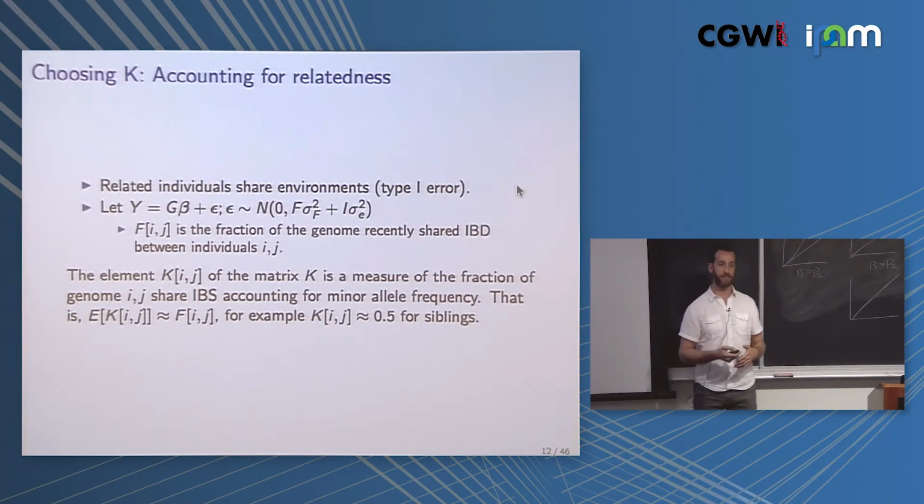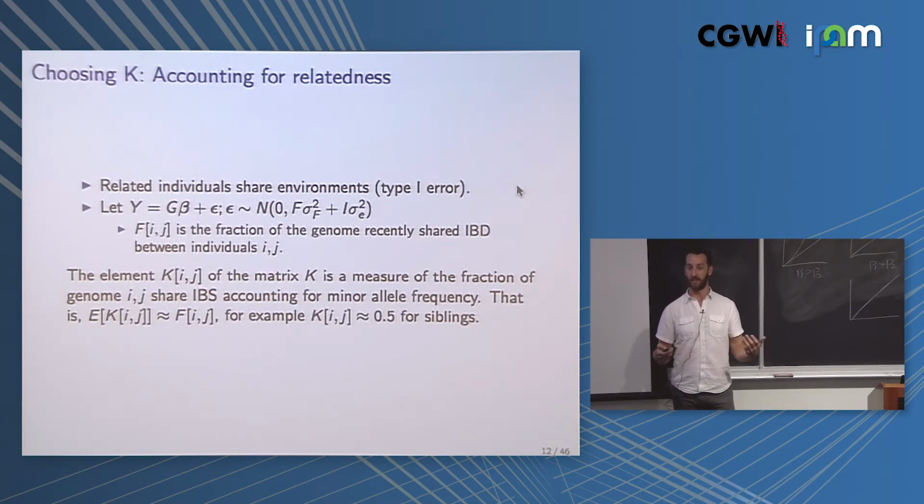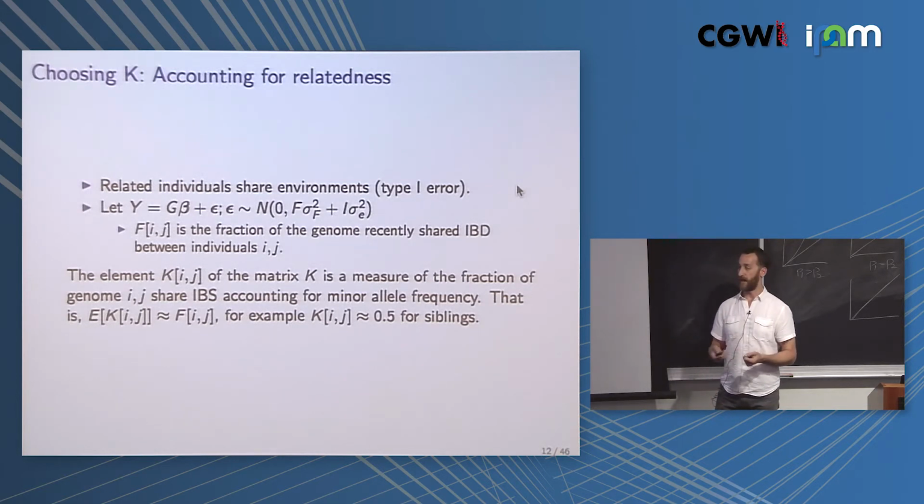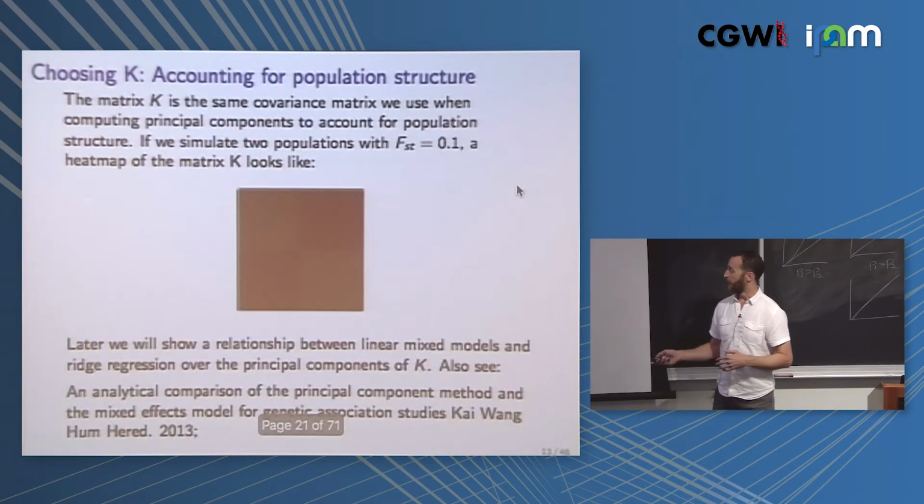So the assumption here is that the environmental correlation of related individuals falls off as a function of their overall genetic similarity. Siblings will have an environmental correlation of 0.5 times sigma g squared, avuncular will be 0.25, and so on.